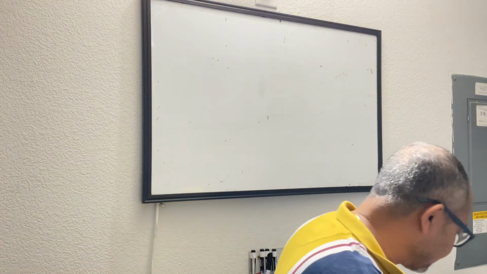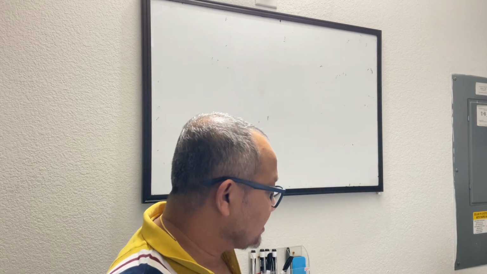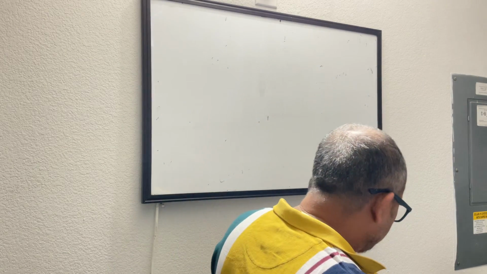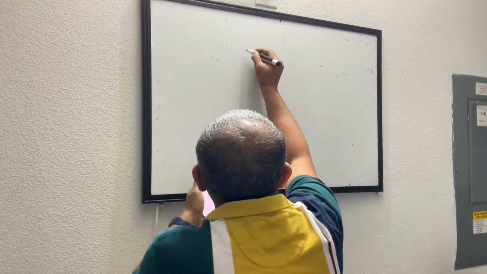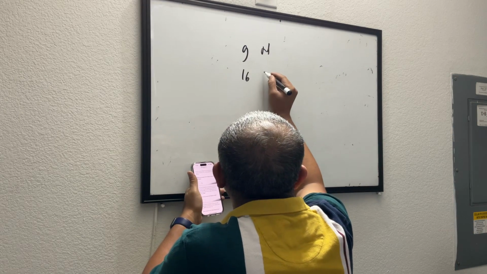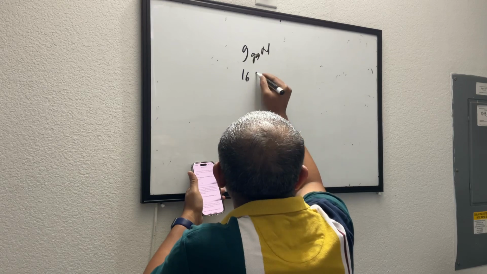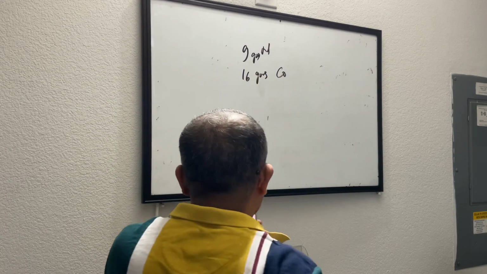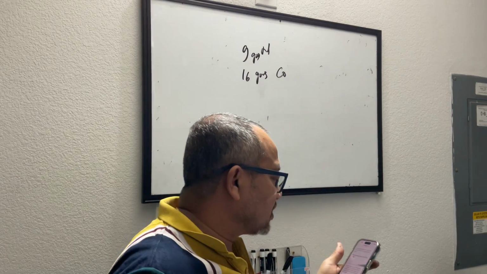Okay. I'm reading one question. Now pay attention to what I'm saying. A coin contains 9 grams of nickel and 16 grams of copper for a total weight of 25 grams. What percentage of the total metal in the coin is copper?